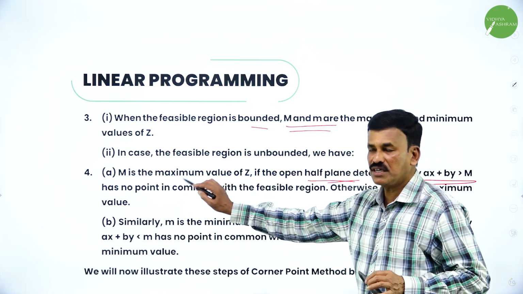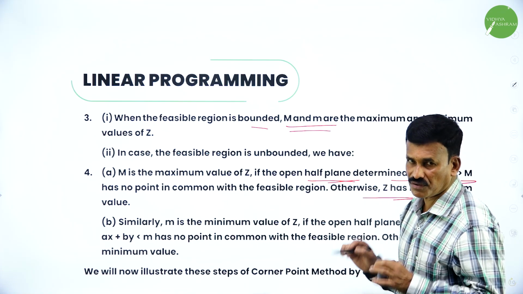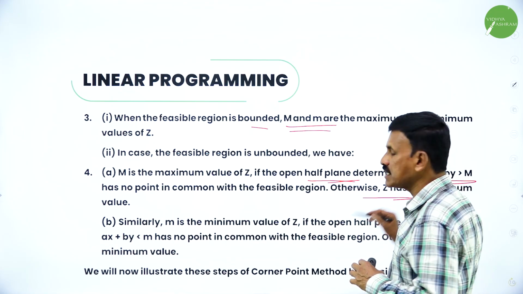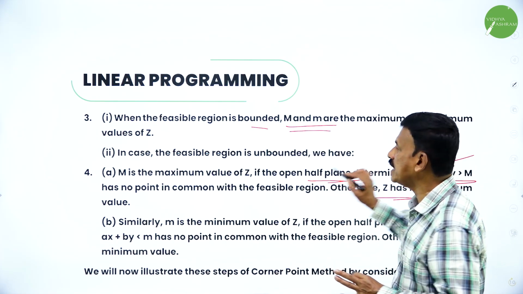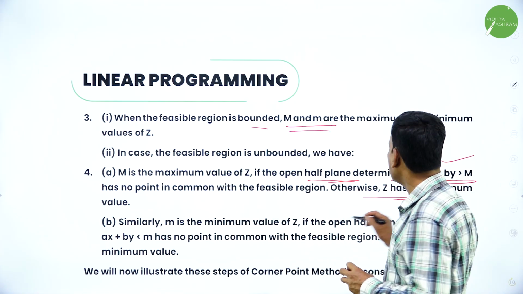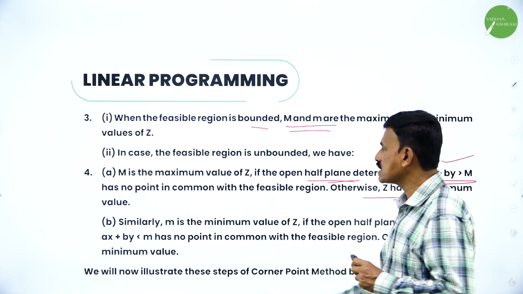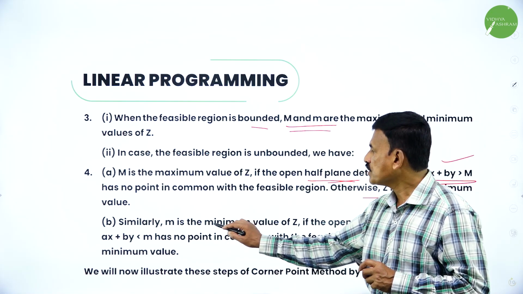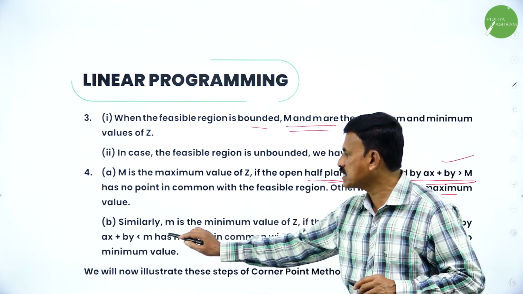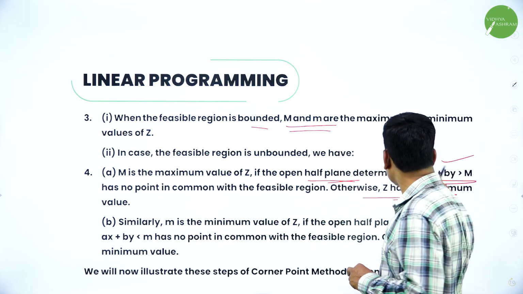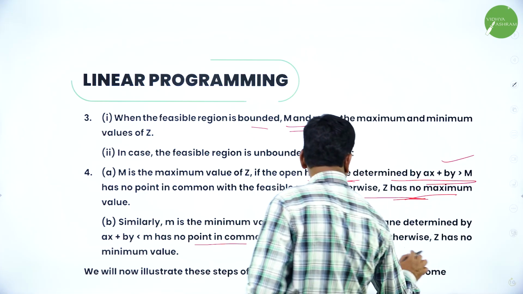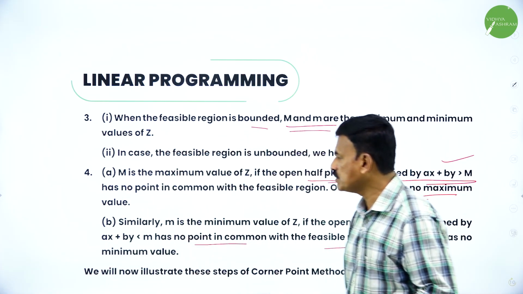Similarly, if m is the minimum value of z, and the open half plane determined by ax + by < m has no point in common with the feasible region, otherwise z has no minimum value.